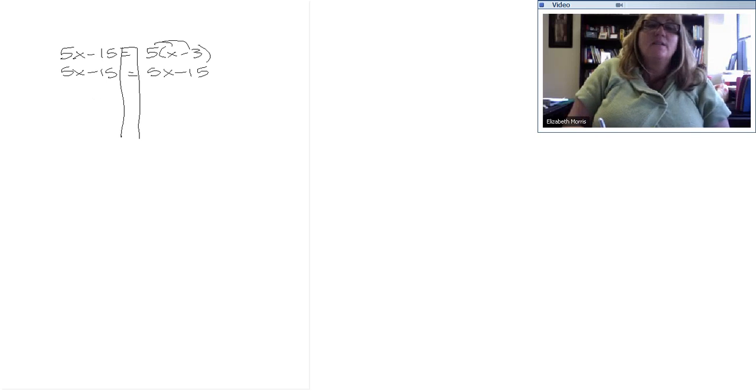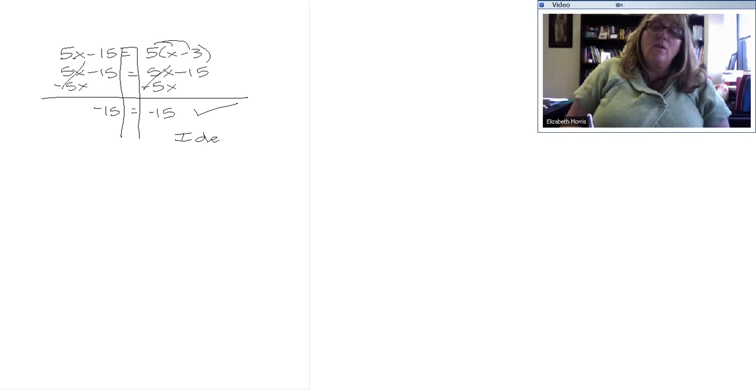They're exactly the same. Yes, if I move this over, they'll cancel out on both sides, but what's left is a true statement. So this is what we call an identity. No matter what number you make x, it will work. x has every possible solution you could have.